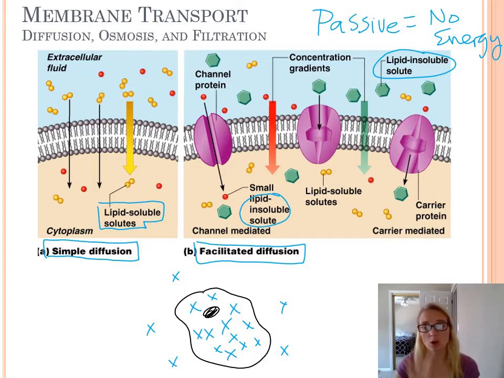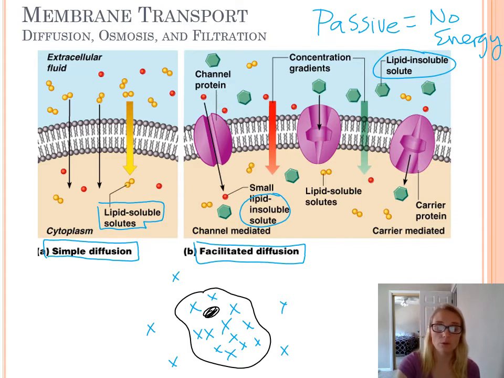And we can imagine that all the white space is a watery environment. So if we're looking in the frame of reference of water, there's way more water outside of this cell than inside. So when we take a look at osmosis, this diffusion of water, we're going to use the same rules. Water is going to go from an area of high water concentration to an area of low water concentration.